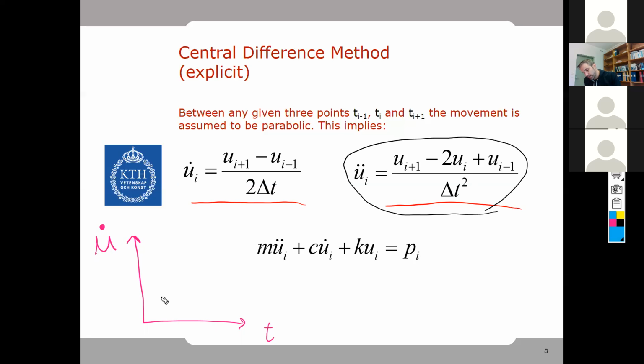We're saying that the acceleration, which is the slope at this point, right? The slope of the speed is the acceleration, will be approximated by this other slope.